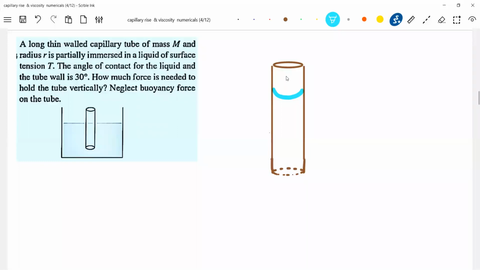Next, the meniscus here. Some angle of contact also is being shown. Let me draw the liquid inside.